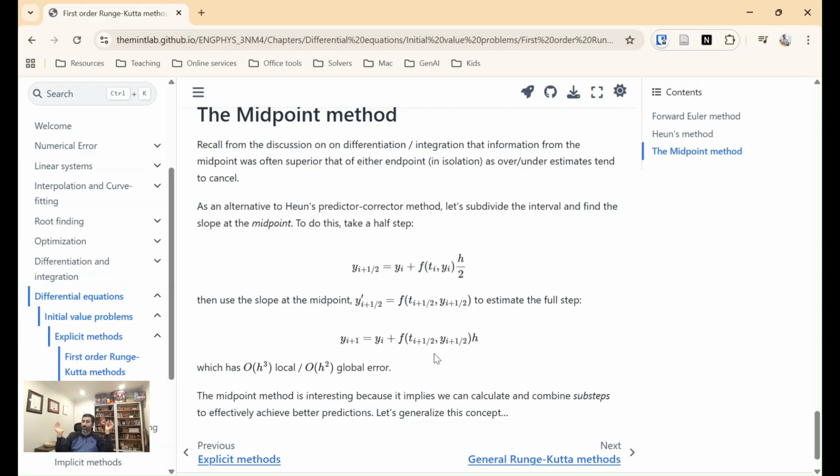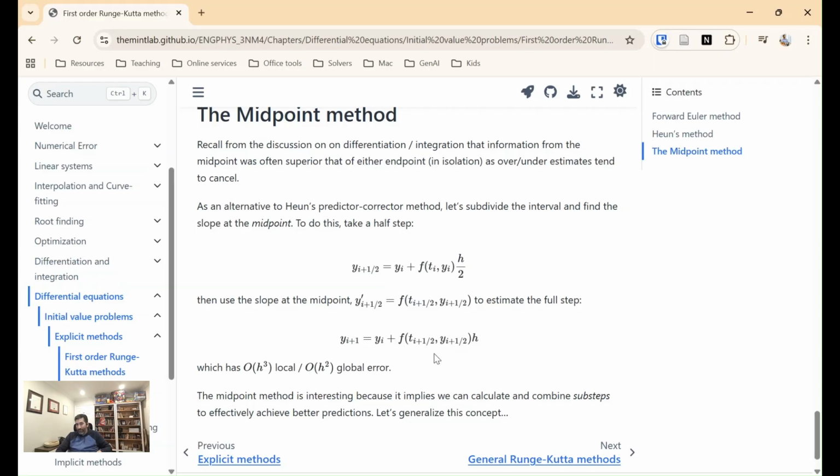And this actually works out to have order h cubed local error, and order h squared global, which is good, which is already a lot better for the cost of taking one step in the middle. This is interesting because it implies that we can calculate and combine substeps to effectively achieve better predictions, right?